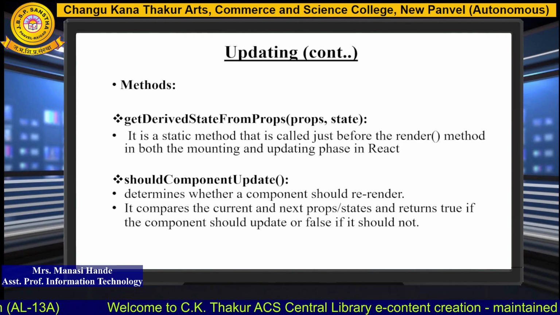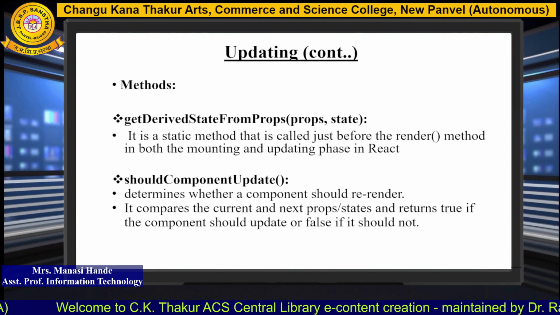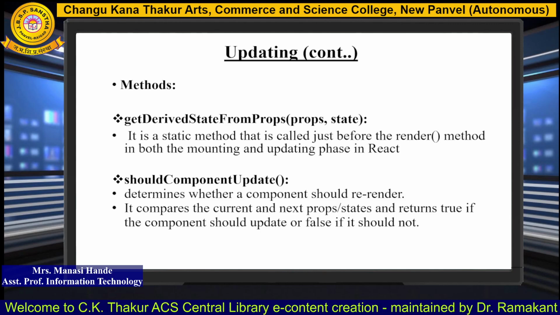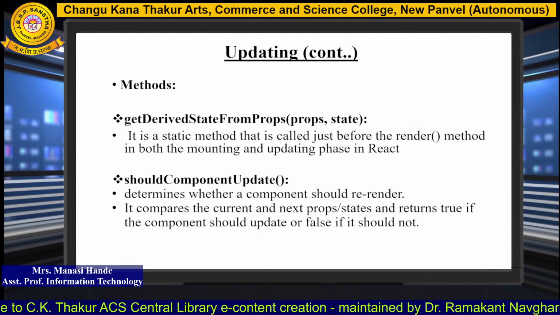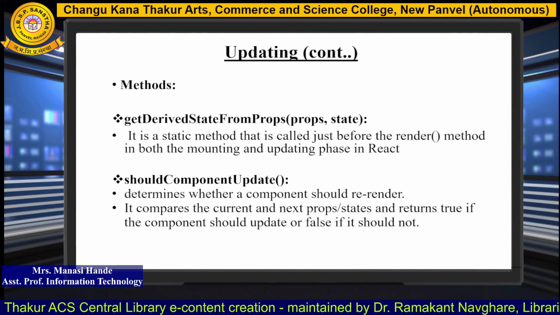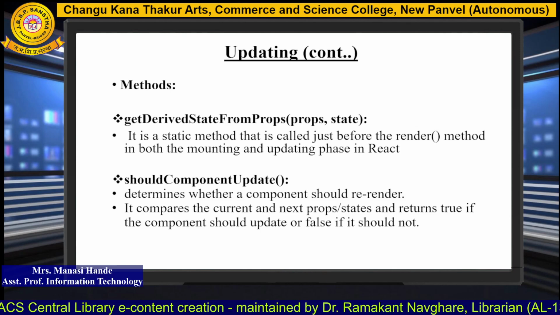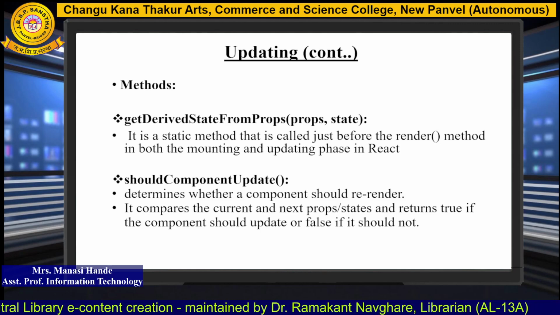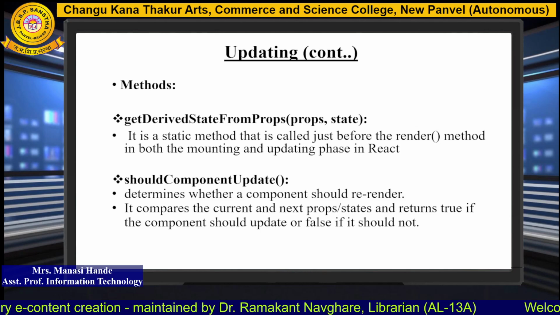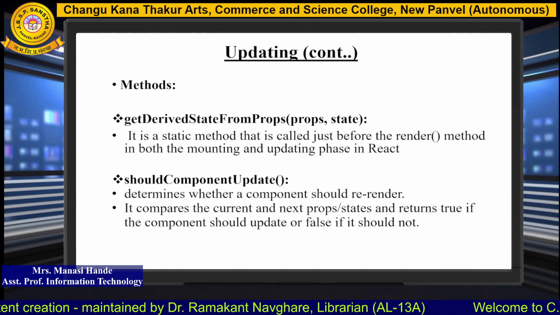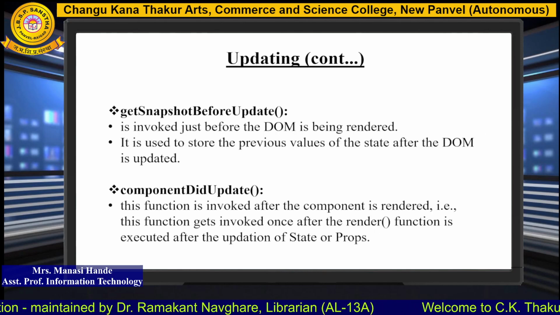phase in React. The shouldComponentUpdate method determines whether a component should re-render or not. It compares the current and next props or states and returns true if the component should update or false if it should not update.